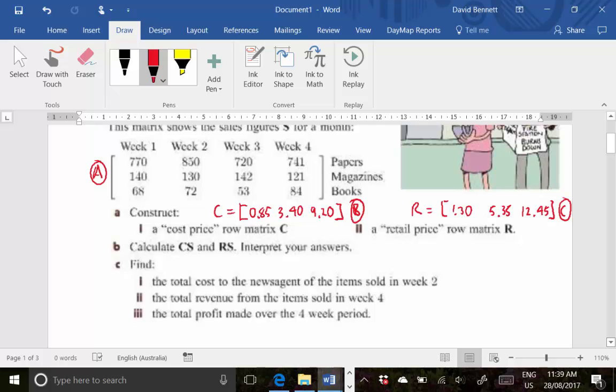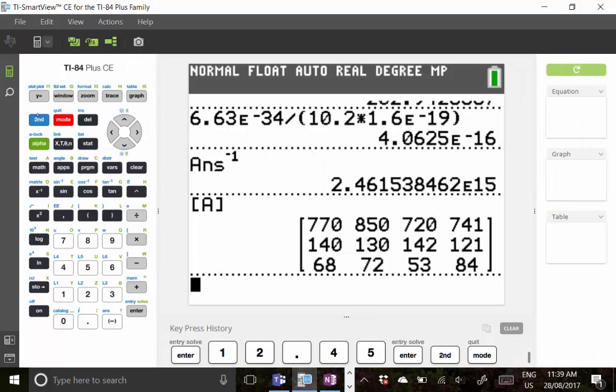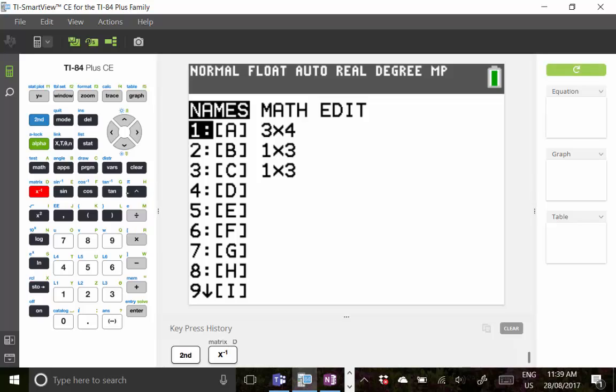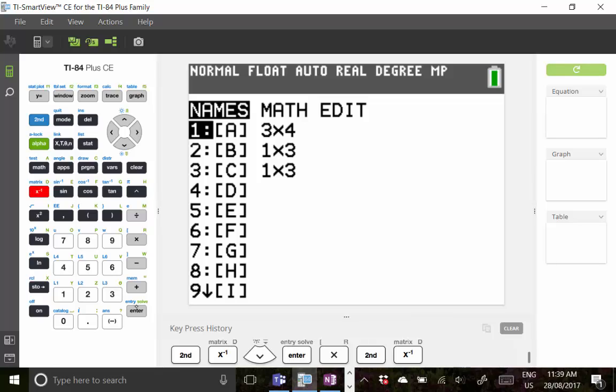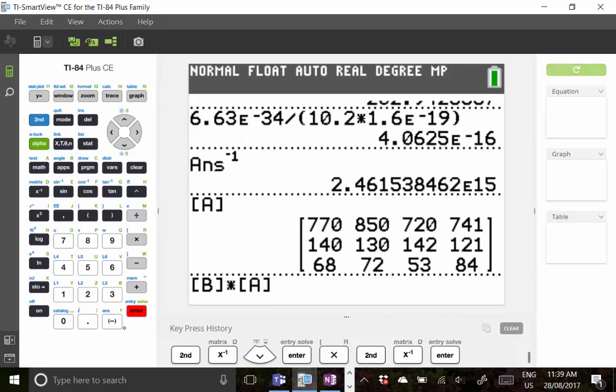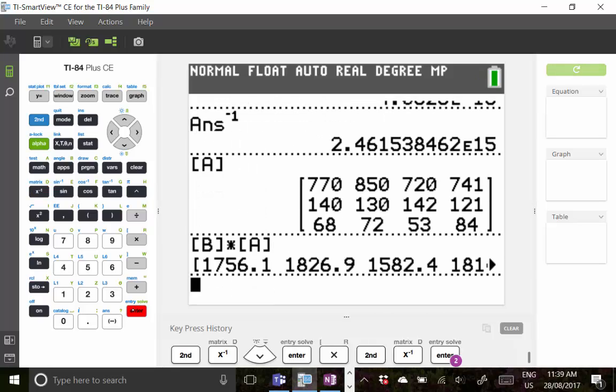So if I go back to my calculator, all I have to do is go to my matrix. So that's going to be B, enter, and then I'll go times, and I'll press my matrix again, and I'll go to A, and then enter, and it will do the calculation for me.